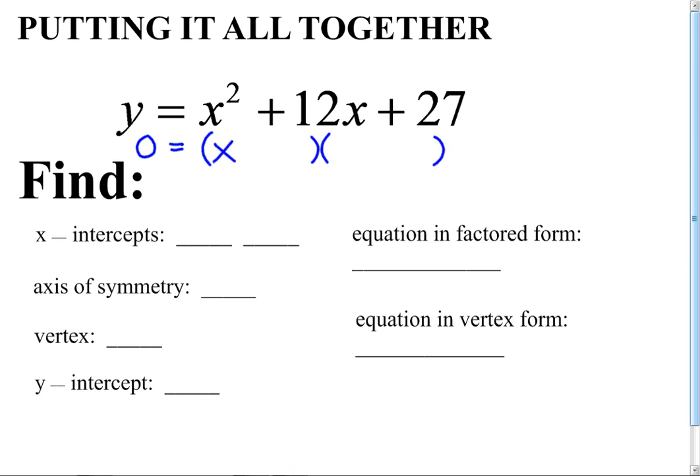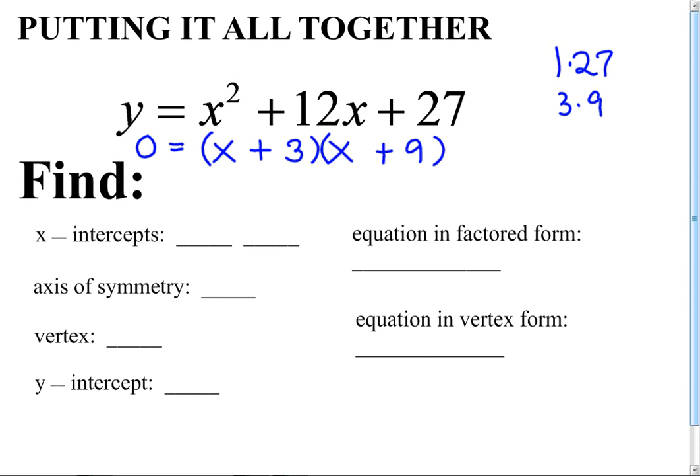X times x. Now, what do the signs have to be? Plus and plus. So if I don't know what's going to work for 27, I'm going to write down the factors. 1 times 27. Does 2 go in? 3 times 9. Does that give me 12? Yes. And then this is 9. Now, can we find the zeros? They're called x-intercepts.